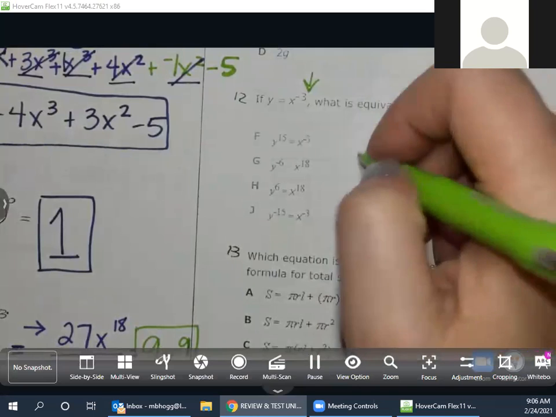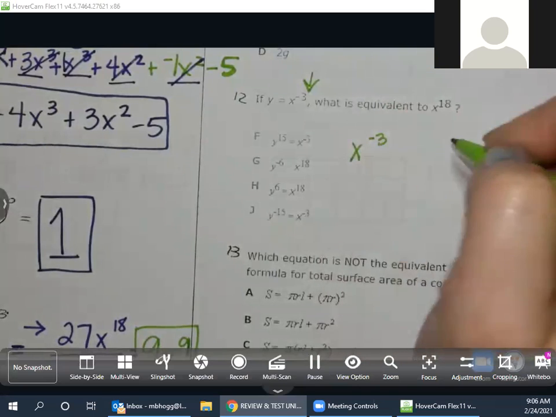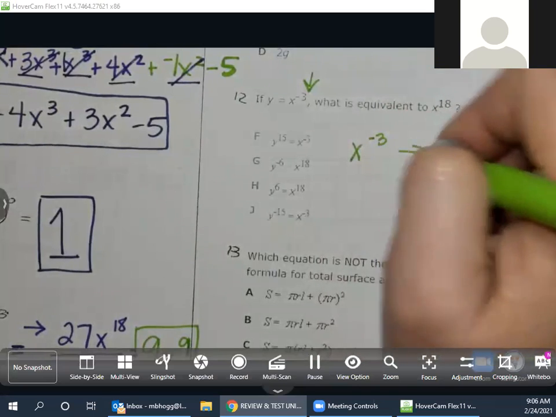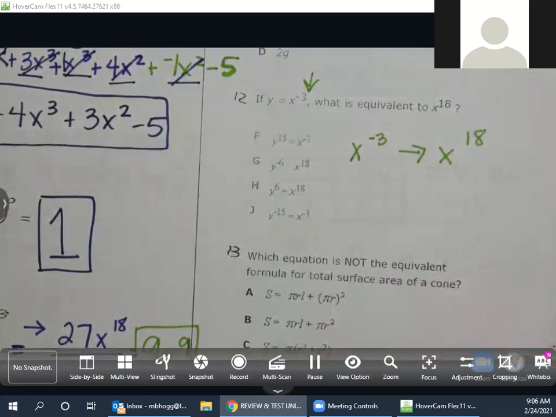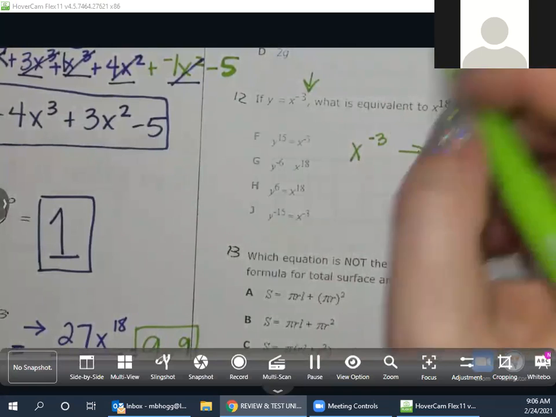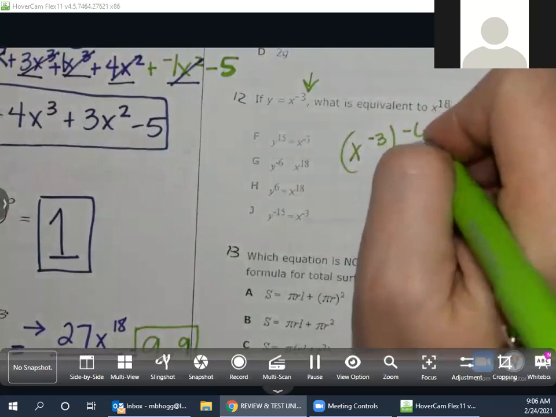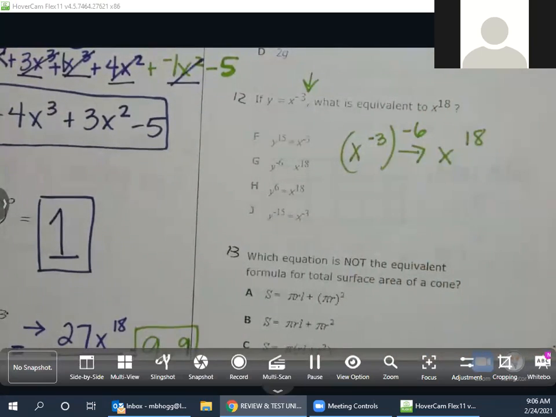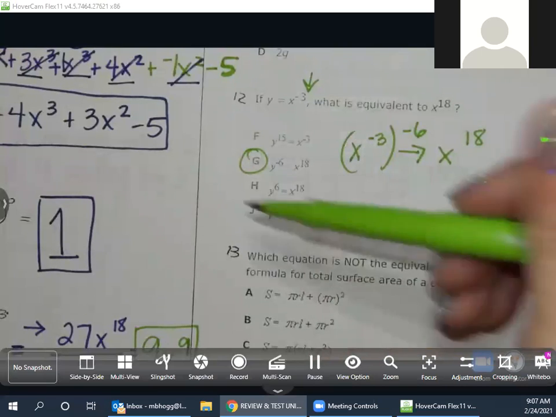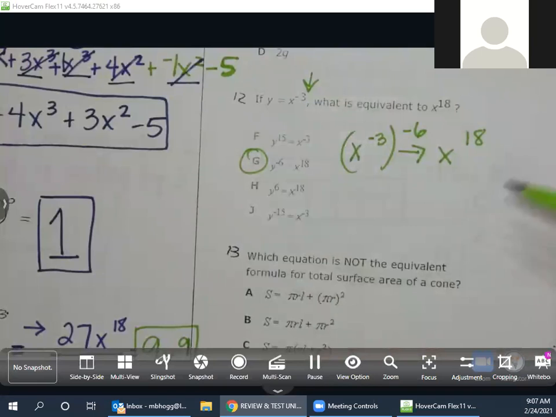But how could you take x to the -3 and then make it go to x to the 18? -6, yes. Okay. Multiply it by -6. So what is the answer here? G. Yeah, that one's weird. Just the way it was. You kind of have to phrase it differently.